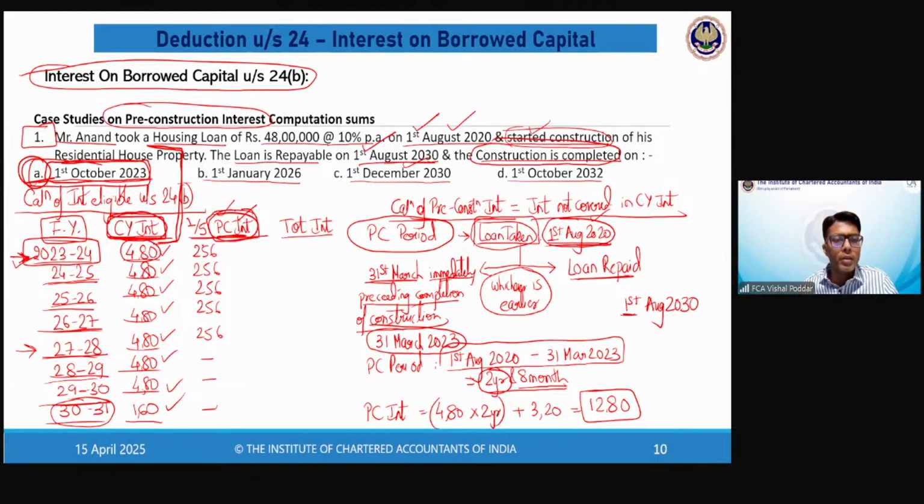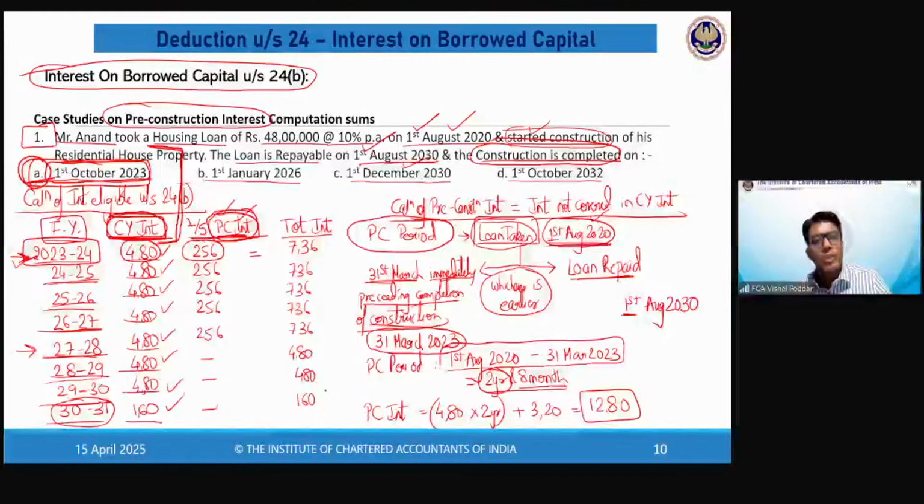So current year plus 1/5 pre-construction is the total. So this total becomes, for the first year 736, second year 736, third year 736, fourth year 736, fifth year 736, then 480, then 480, and then 160. So this is the total amount which is eligible.